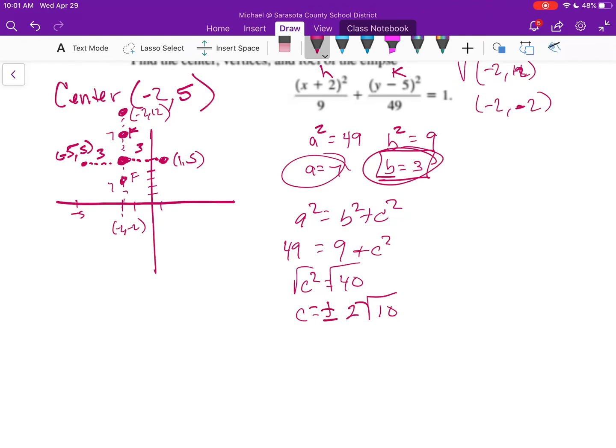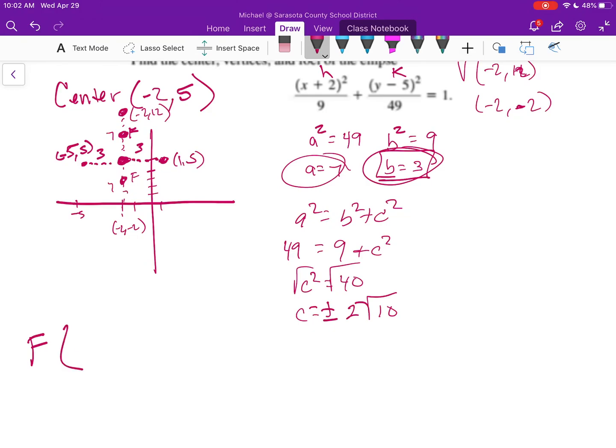All right, so at this point, what does this really tell us? Well, since it's a vertically represented ellipse, I am 2 square root 10 units above my center at -2, 5, and then I am 2 square root 10 units below my center.